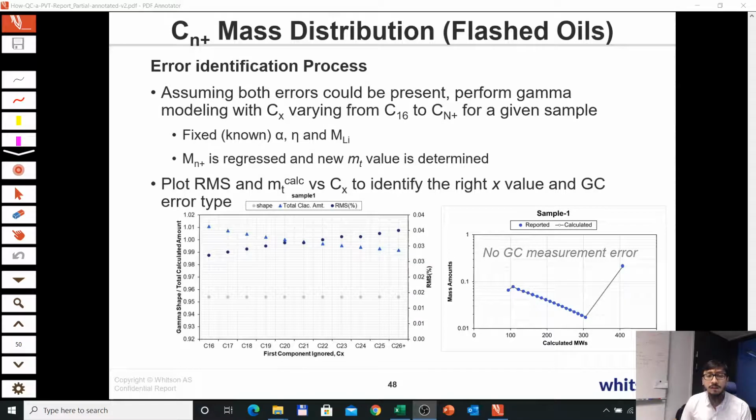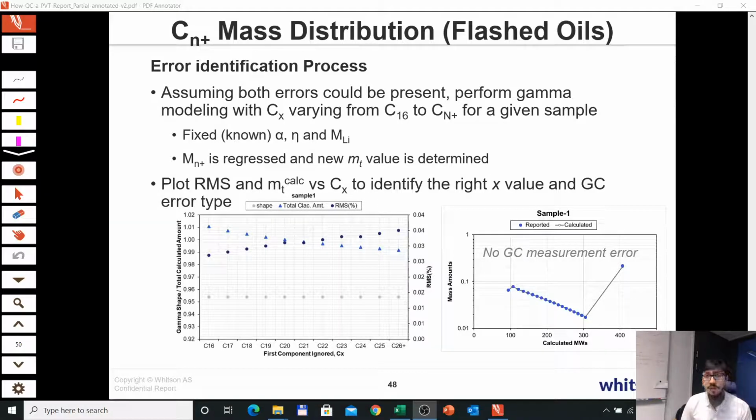If you have a perfect composition, like a perfectly measured composition from gas chromatograph without any errors, a tuned gamma distribution model should be able to predict that composition very accurately. That's something we discussed in our previous topic of using the compositions.